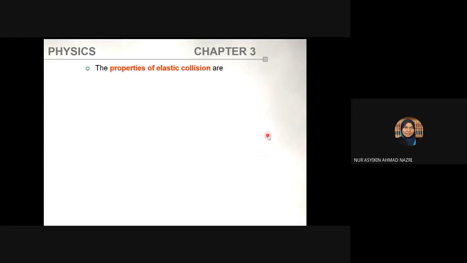Okay, the properties of elastic collision are the coefficient of restitution equal to 1, but this one is just only the properties je lah. You don't need to know how to calculate yang ni.